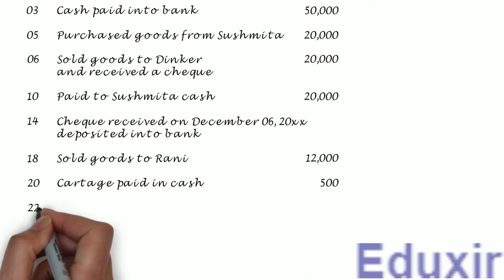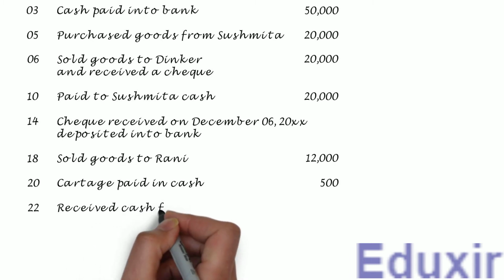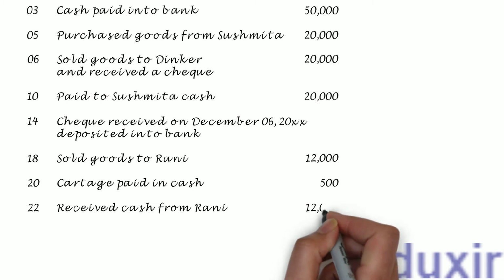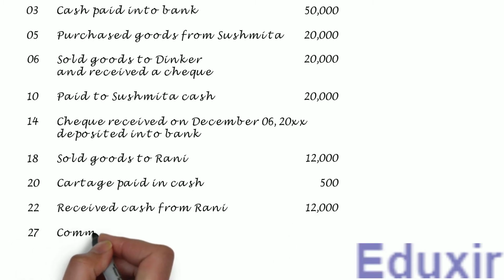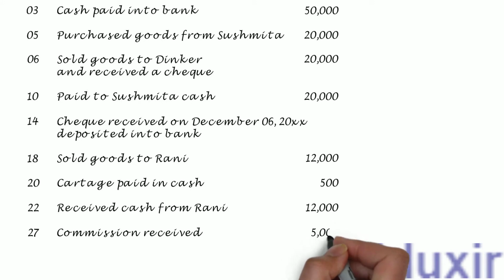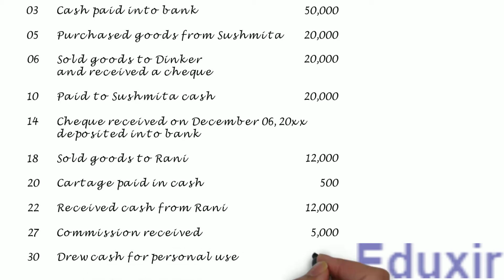On 22nd December, received cash from Rani 12,000 rupees. On 27th December, commission received 5,000 rupees. On 30th December, drew cash for personal use 2,000 rupees.